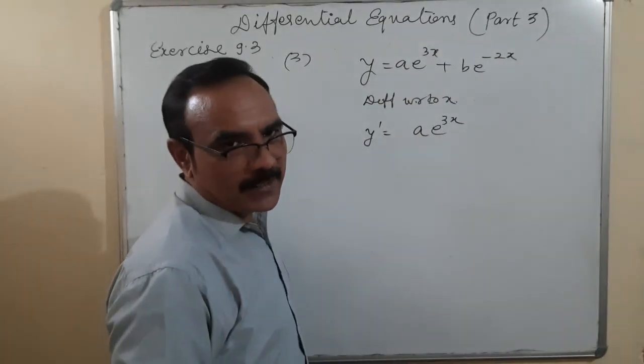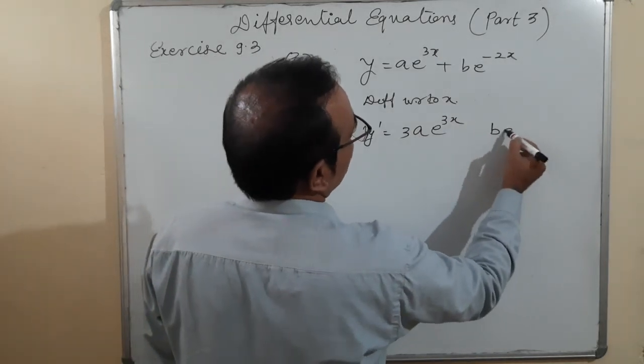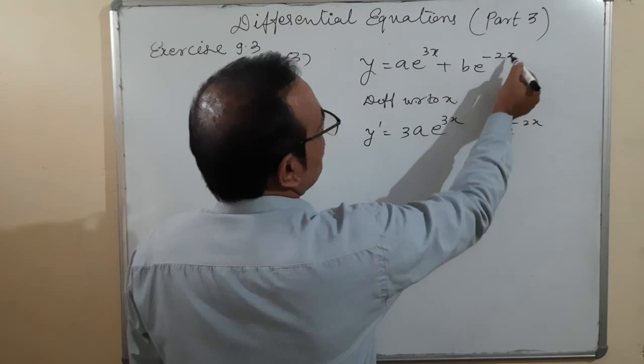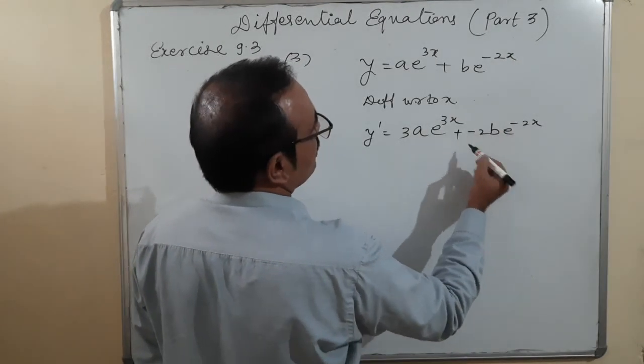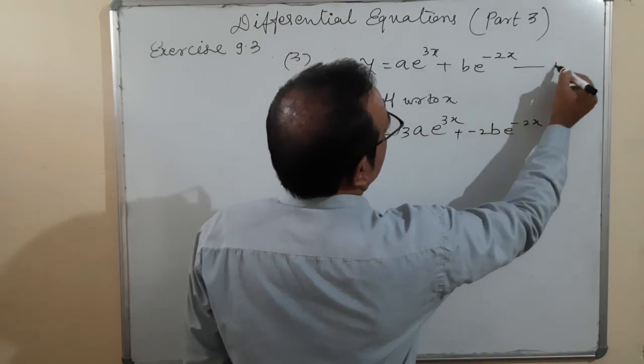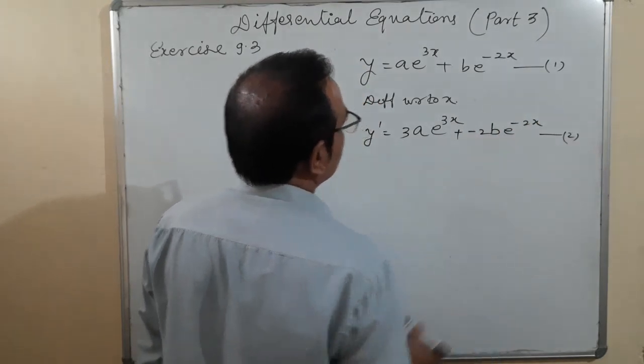Chain rule is applied here. So 3. Here b e to the power minus 2x, and differentiation of minus 2x is minus 2. I'll give the original as equation number 1, and this as equation number 2.